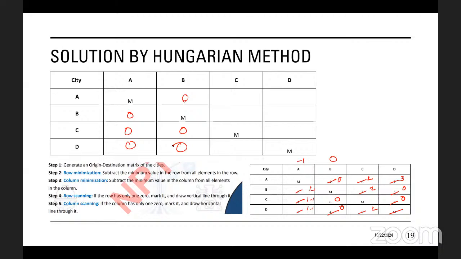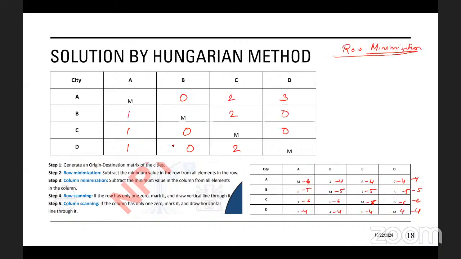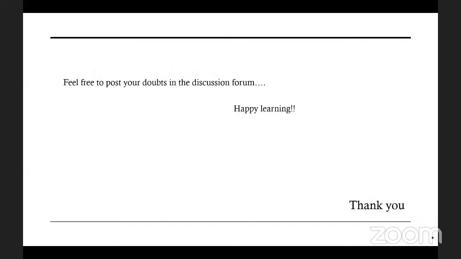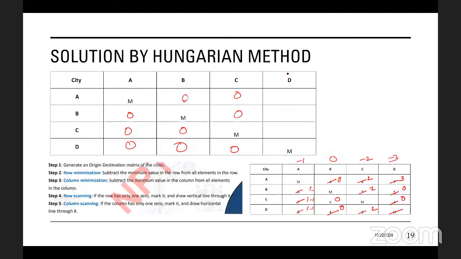From column C, I think the minimum is coming out to be 2, so we subtract 2 from all. And then from column D it will be 3, so again 3 will be subtracted from all. So it will actually become 0 again.